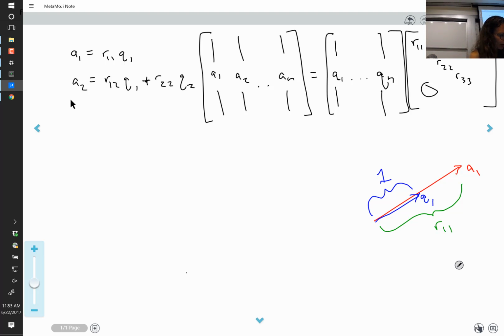That gives us enough information that we can project A2 onto Q1, and R12 is the scalar we need to get back to the full component of A2. Then Q2 is just what's left over, the perpendicular part.